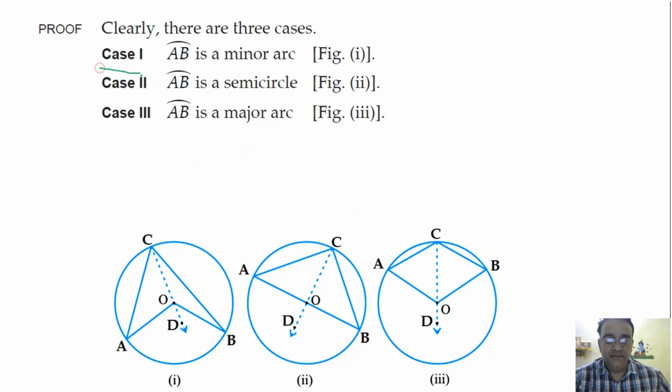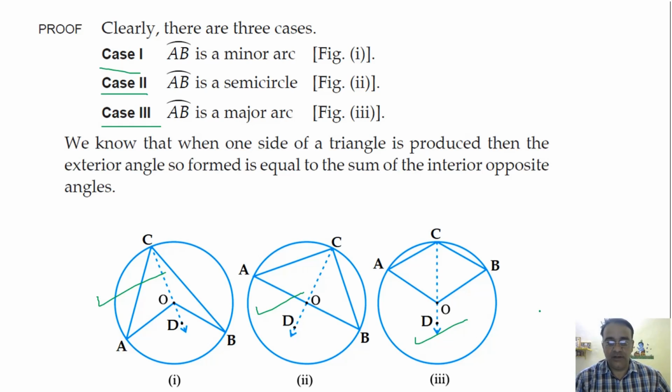Case number 1 when AB is minor arc, and case number 2 when AB is a semicircular arc, case number 3 when AB is a major arc. Right? So we will start with the first one. When one angle of triangle is produced, then an exterior angle so formed is equal to the sum of the interior opposite angles. You can write simply by exterior angle property of triangle.